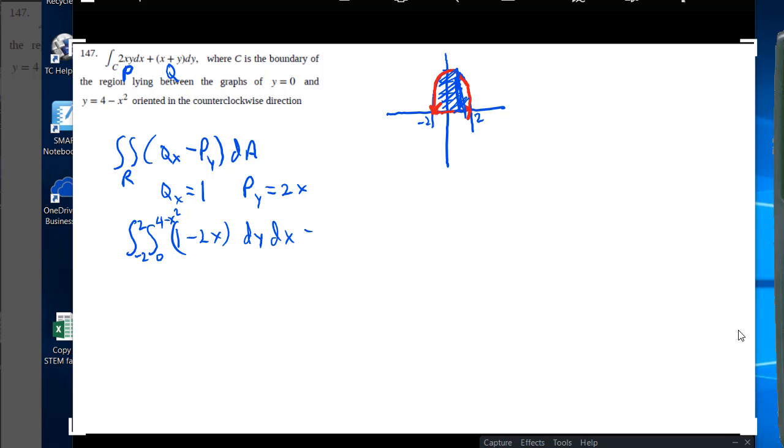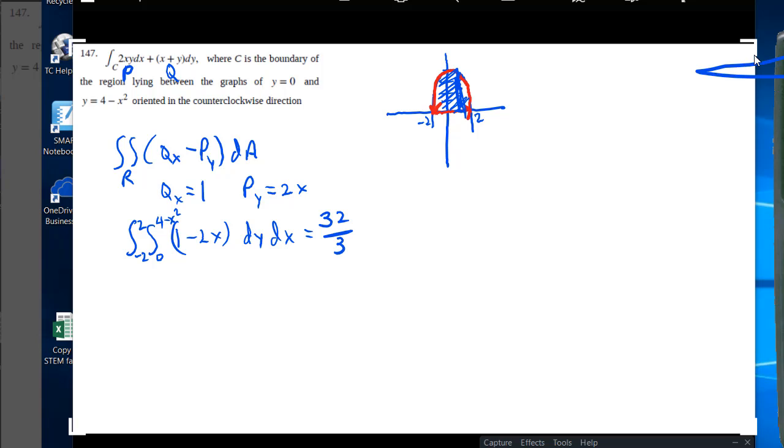So now it's just a matter of doing that integral, which, being lazy like we are, we just take out our TI-89, and that comes out to be 32 thirds.